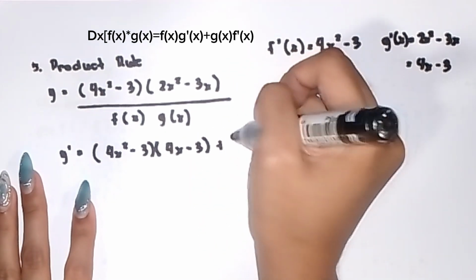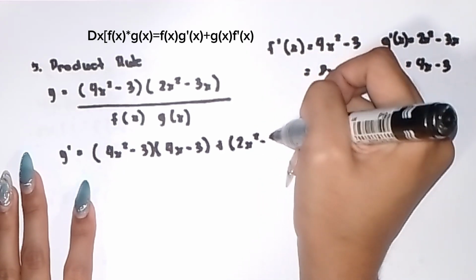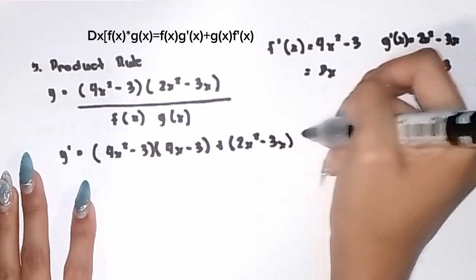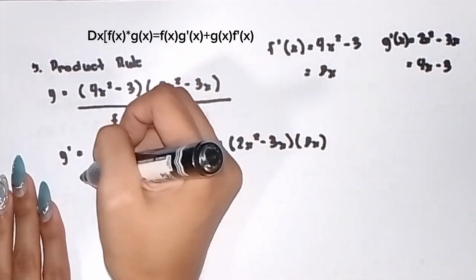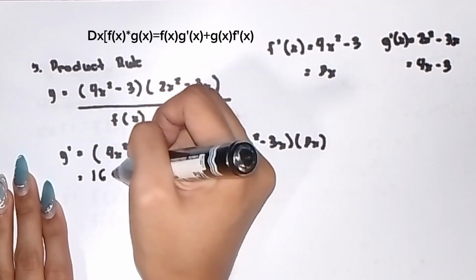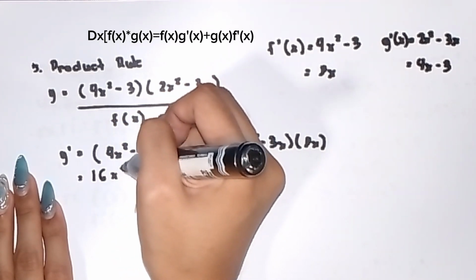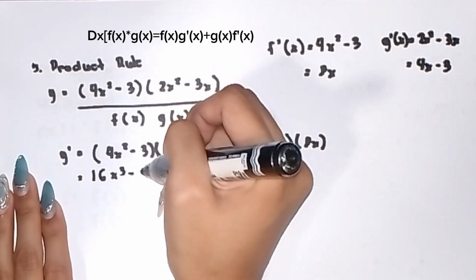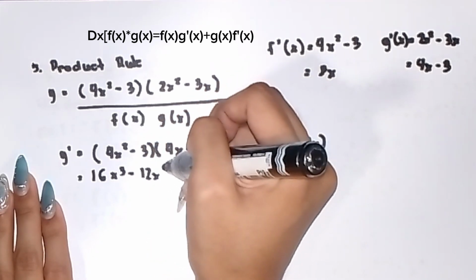So we have here y equals 4x squared minus 3 times 4x minus 3 plus 2x squared minus 3x times 8x. So 4x squared multiplied by 4x is equal to 16x cubed. 4x squared multiplied by negative 3 is equal to negative 12x squared.